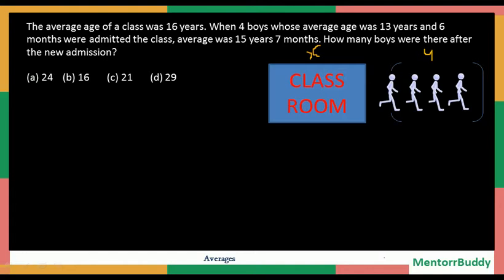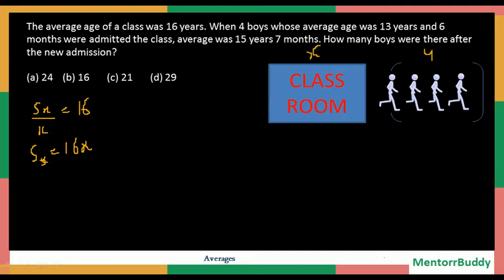So summation of these X people's ages divided by number of people, that is X, is equal to 16. That will be the average. So summation of the initial X people who are present in the group will be 16X. So what is this 16X?